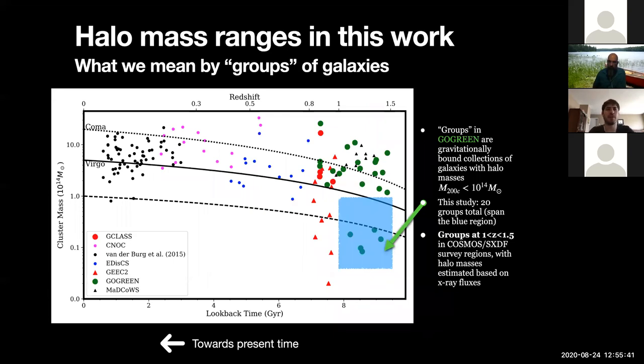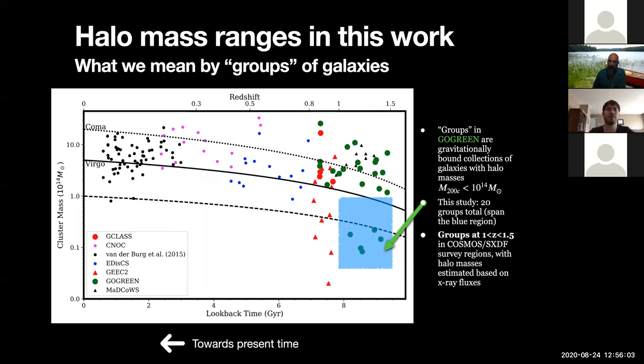So here's that plot again that we've seen a few times of cluster mass versus look back time, illustrating our go-green sample with the green points and G-class in the red. And down here we get into the groups regime, which is, in my notation, anything less than 10^14 solar masses.